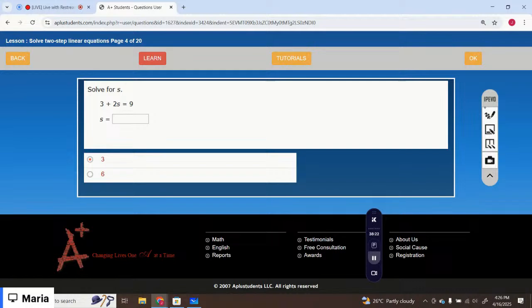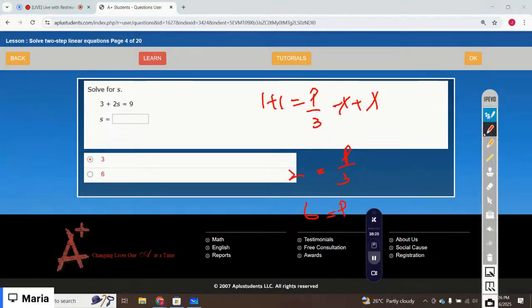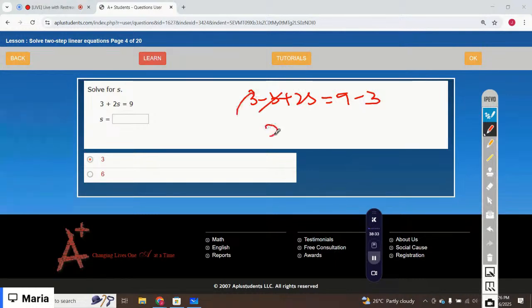That is 3. You have to subtract 3 from both sides. 3 minus 3 cancels, 2S equals 9 minus 3, which is 6.